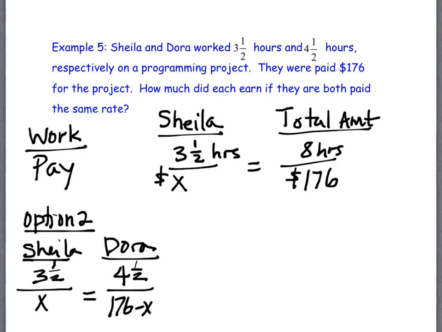If Sheila makes X dollars, then Dora makes 176 minus X. And that's how you can take care of the fact that you know the total amount, but still write them as 2 separate fractions. The more difficult thing working here is that when I do this cross multiplication, I've got to distribute, and I'm still working with fractions in the middle of that because they're mixed numbers. It's not bad, but it's just another way of thinking about it.